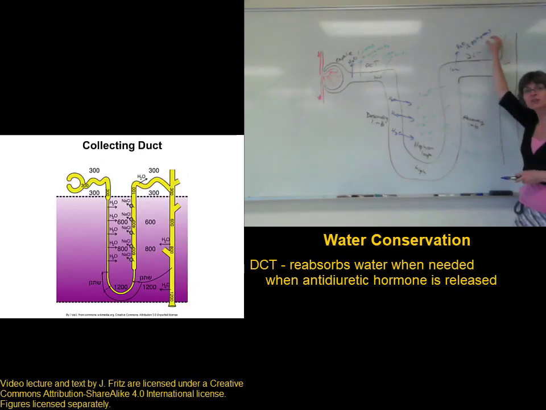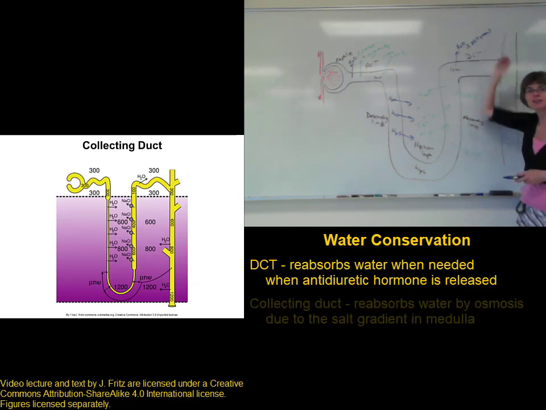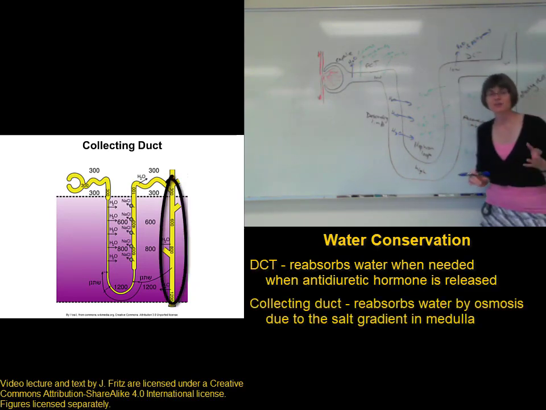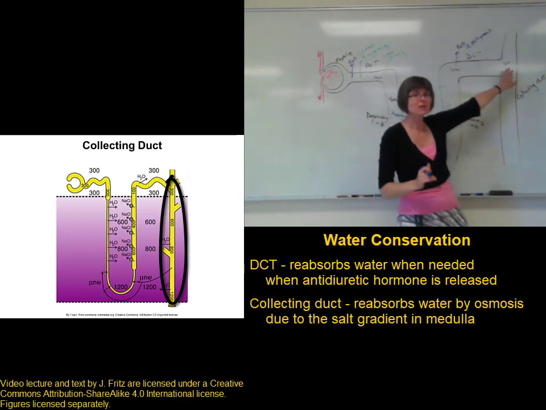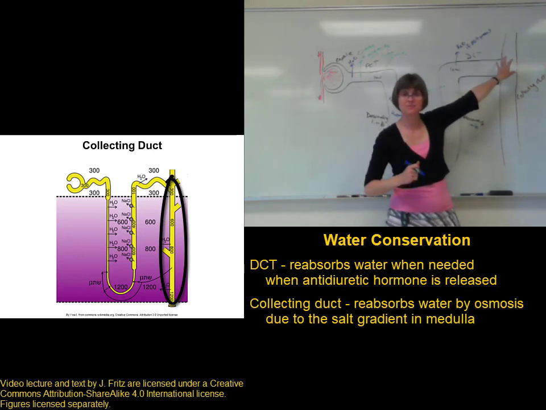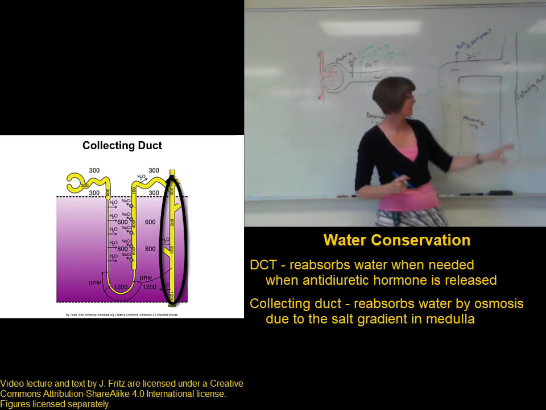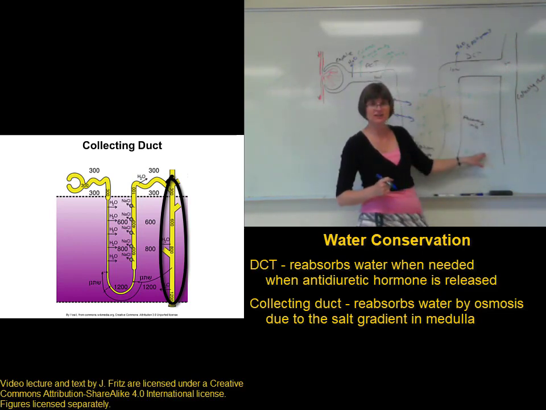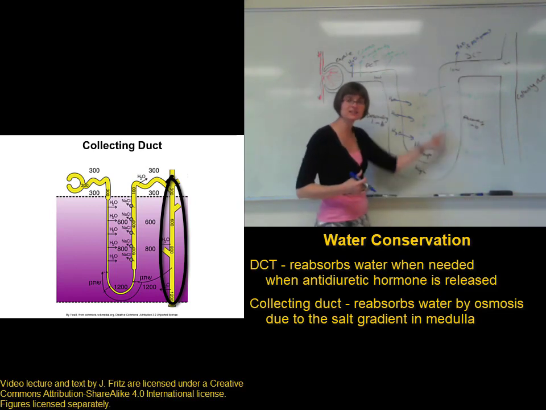And we'll get into the reason for that in just a little while. Once the fluid has gone through the DCT, it goes into the collecting duct. Now remember, the collecting duct, although up here at the top, has low concentrated fluid in it. The collecting duct goes down through the medulla. And the medulla has this high salt area in it because of the activities of the ascending limb of the nephron loop.